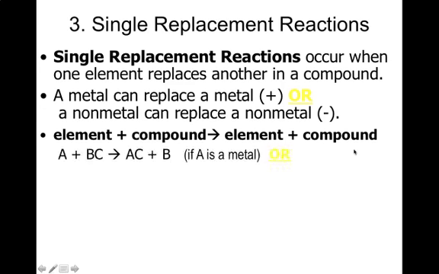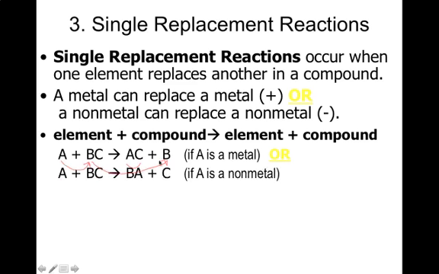So we'll have something like A comes in and bumps out B, okay? And so now A and C are together and B is by itself if A is a metal.